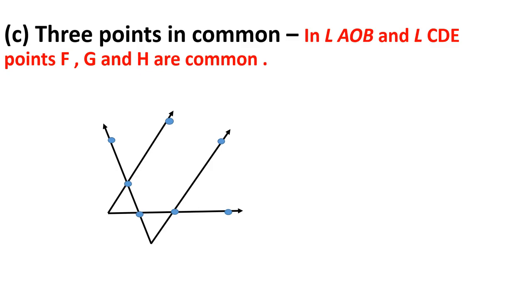Again look at the figure carefully. Angle AOB and angle CDE. Point F, point G and point H. These are the 3 points which are coming in both the angles.